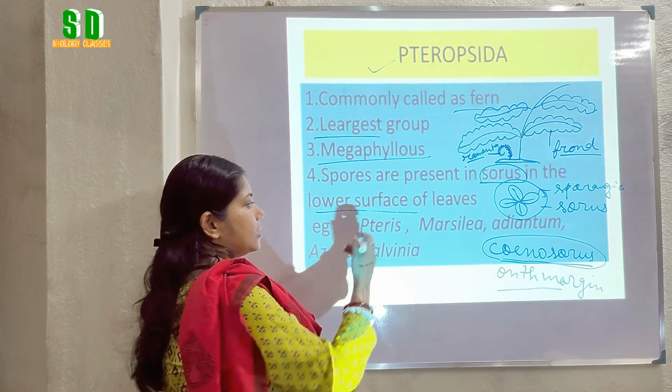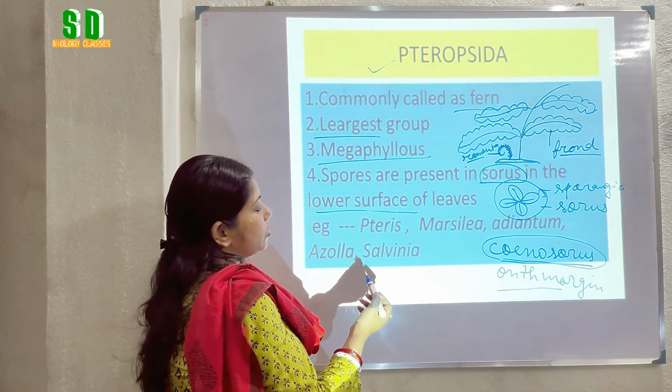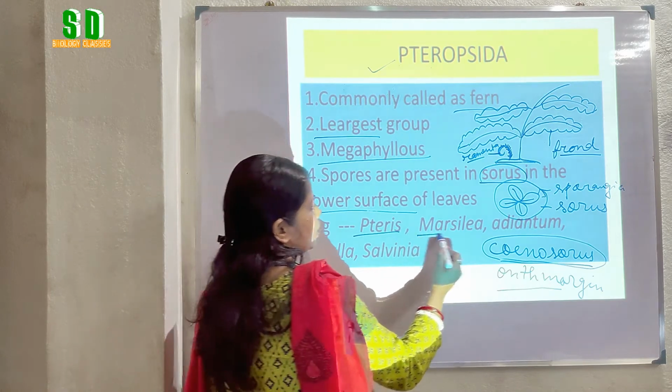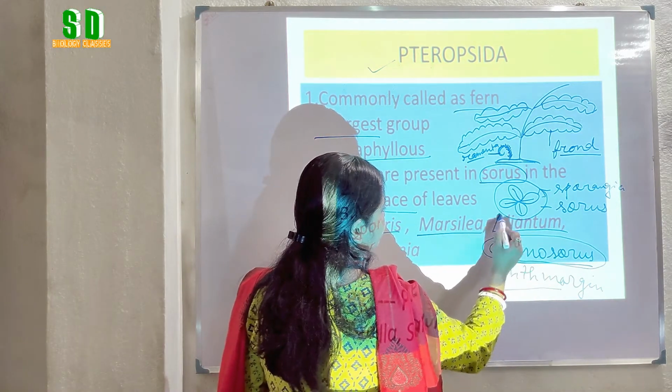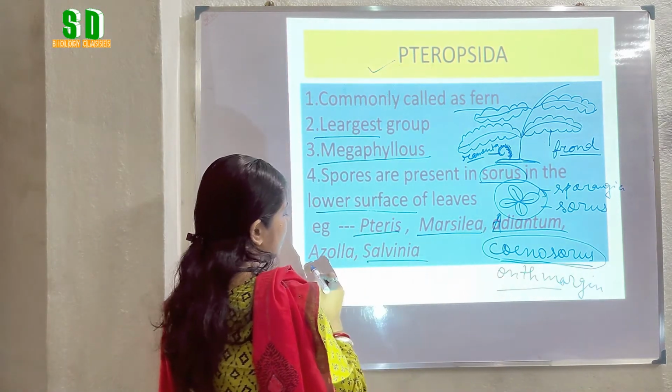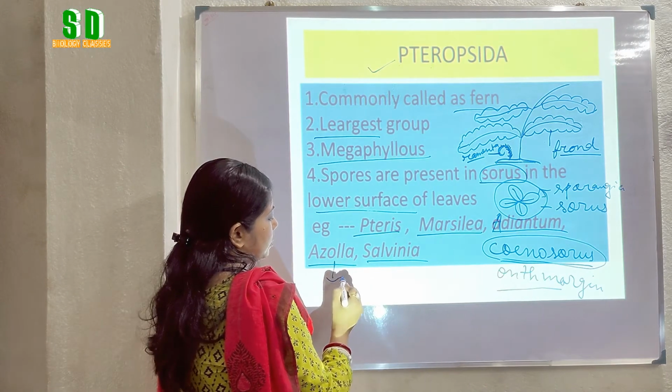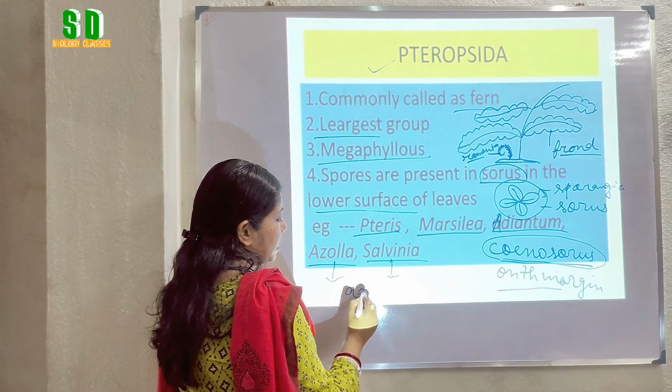And the common examples of the members of Pteropsida are Pteris, Marsilea, Adiantum, Salvinia and Azolla. Here Azolla and Salvinia, both of them are aquatic.